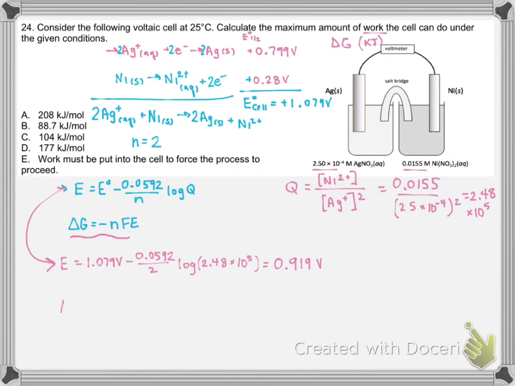When we do this, the number will pop out in joules, so we'll have to do an easy kilojoules conversion. So delta G is equal to negative N, which is 2, times F, which is Faraday's constant, which is on the data sheet, in coulombs per mole, times our potential, which is 0.919 volts.